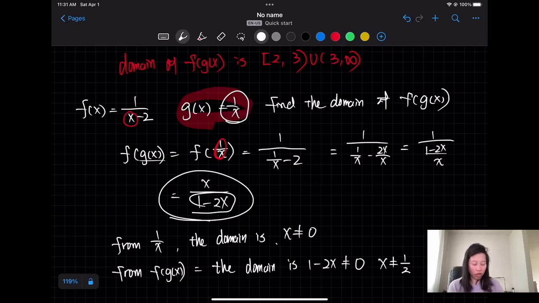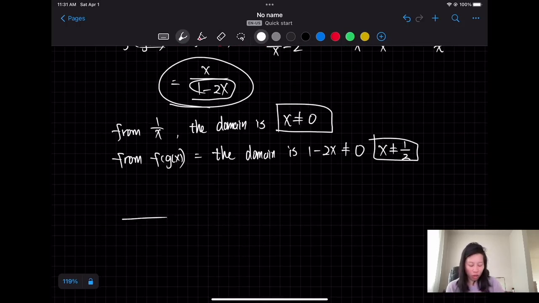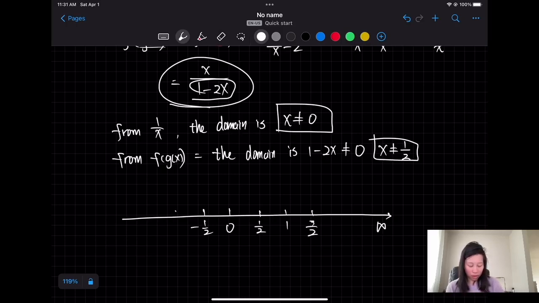So it has to satisfy both conditions: x not equal to 0 and x not equal to 1/2. So on the number line, you have 0, 1/2, 1, negative 1/2, 3/2, negative 1. x can equal anything but 0 or 1/2, so it should be anything that I highlighted.